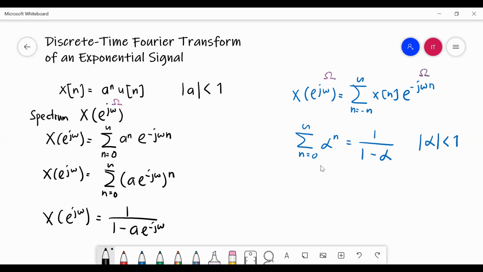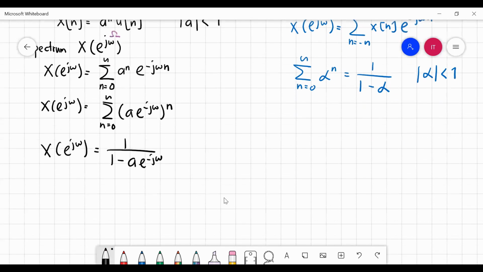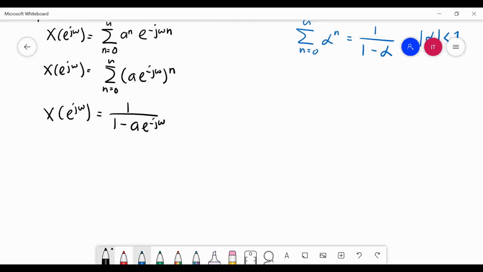However, it often happens that we need to separate the magnitude and the angle of this spectrum. For that, we need to remember the equations for finding the magnitude and angle of a normal complex number. For example, we have a complex number with a real component and an imaginary component.